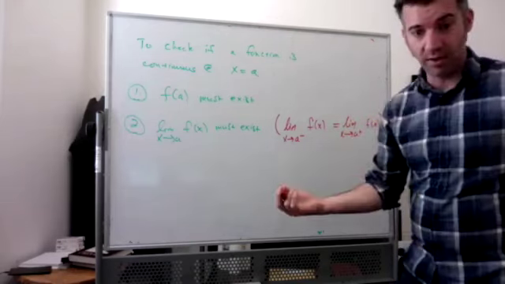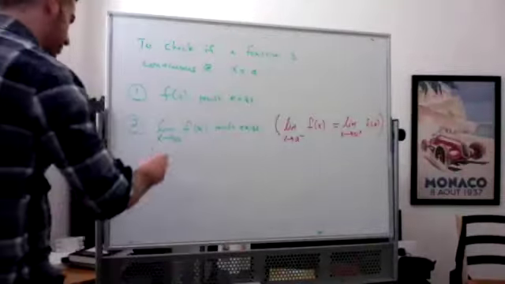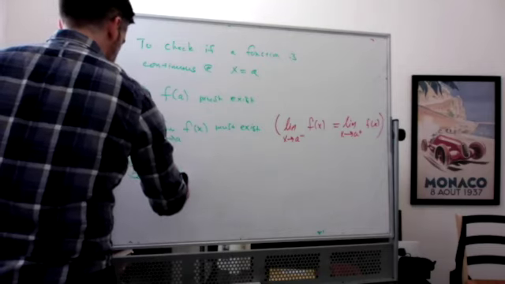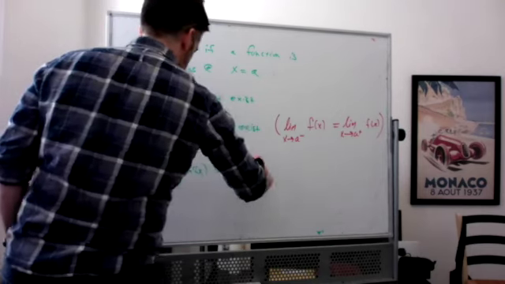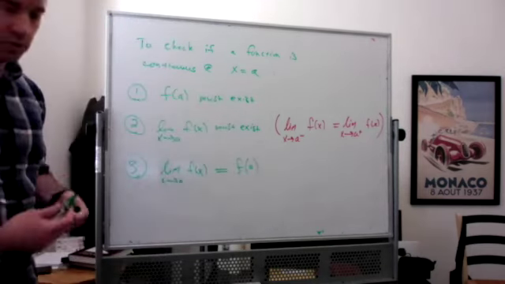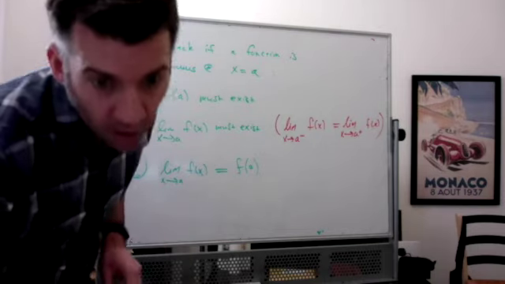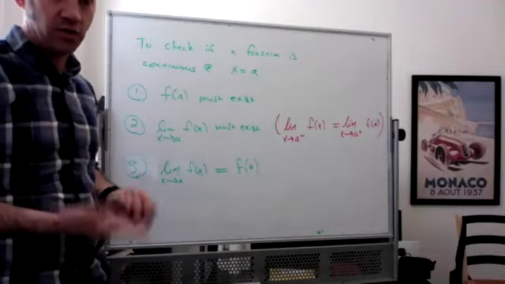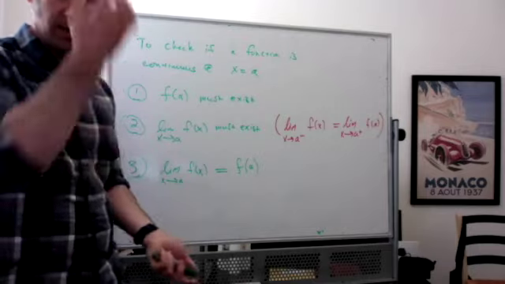And then finally, the limit as x approaches a of f of x must equal f of a. If those three things are true, then your function is continuous at a. Correct, Gabriella. As soon as one of these things is not true, you're done. You should stop and say discontinuous.